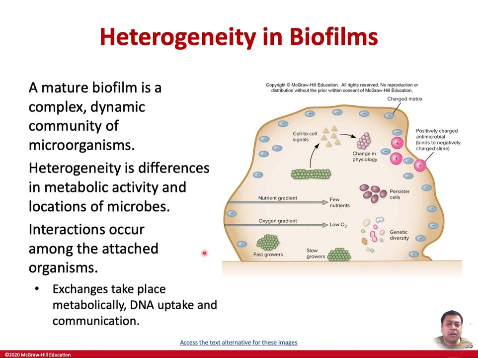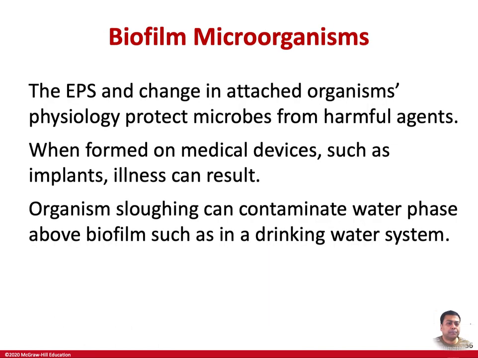This figure also identifies the cell-to-cell signals and changes in the cell physiology, persister cells, and the genetic diversity. So there are many different types of growth that actually happen in different parts of the biofilm. Make sure that you familiarize yourself with some of the terms like the persister cells. So the EPS and the change in the attached organism's physiology protect the microbes from harmful agents.